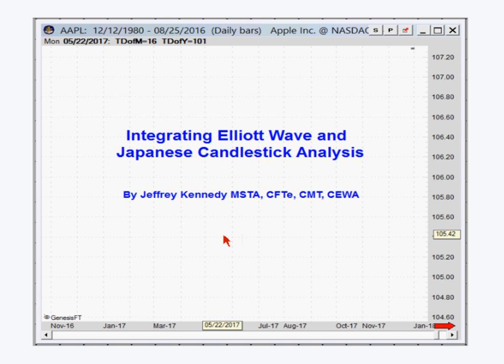I utilize the wave principle to provide a context for a specific market. And then with Japanese candlestick analysis, I'm able to zero in on a specific price action, and analyze, as you well know, the strength of the bulls or the bears in a single price bar. More importantly, it allows me to identify very specific levels to trade against.